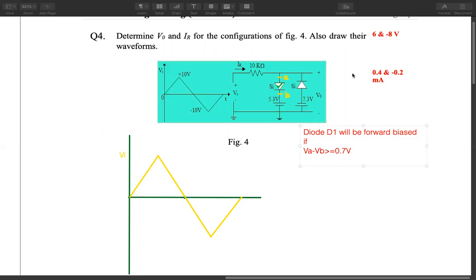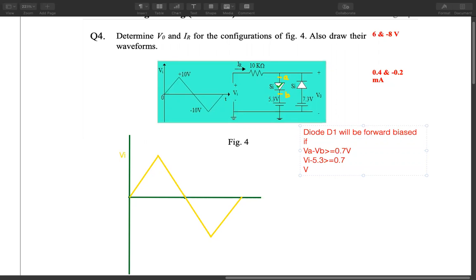Now VA is simply connected to the input terminal, so that will become VI, and VB is connected to 5.3 volt, where the positive polarity of 5.3 volt is connected to B, so VI minus 5.3 volt should be greater than or equal to 0.7.